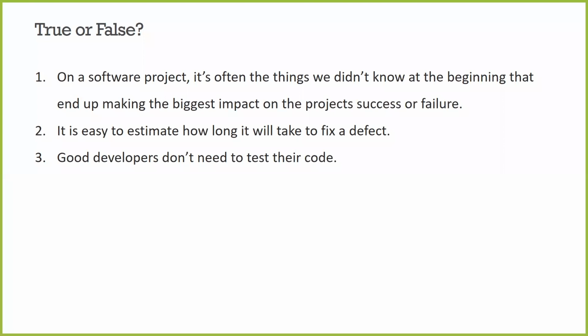On a software project, it's often the things we didn't know at the beginning that end up making the biggest impact on a project's success or failure. Prashant, what do you think about this? Is this true or false? Yeah, this is something that we come across every time.